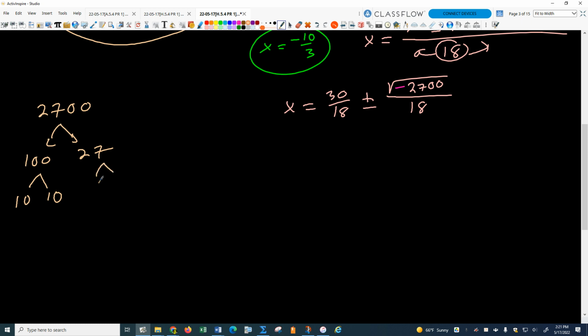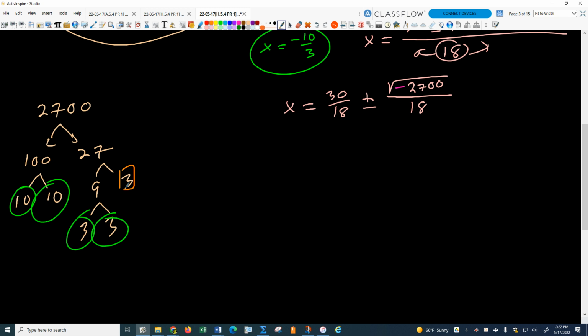9 and 3, good. And the 9's going to break up into a couple of 3s. So what do we end up with then? We get a couple of 10s, couple of 3s, and a single 3, right?